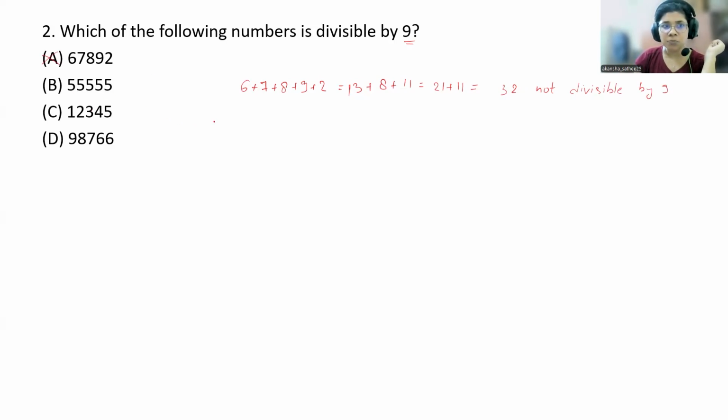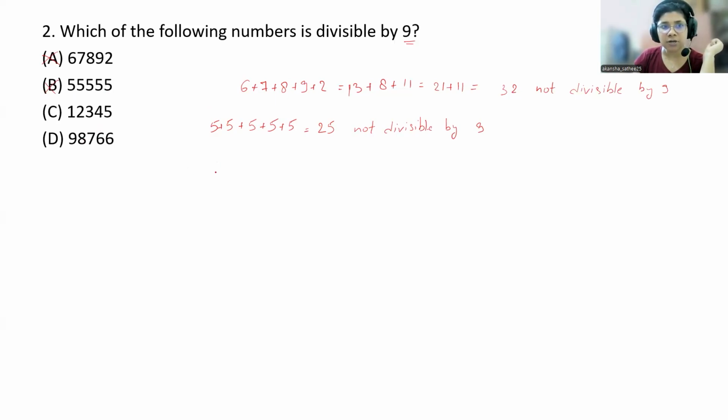What about this one? 5 plus 5 plus 5 plus 5 plus 5. 5 times 5 is 25. Again, not divisible by 9. So since the sum of the digits is not divisible by 9, that means the whole number will not be divisible by 9.